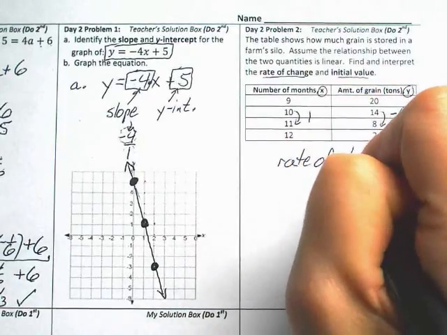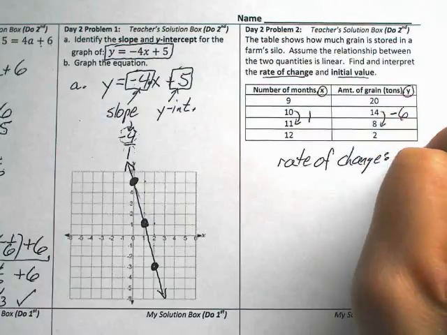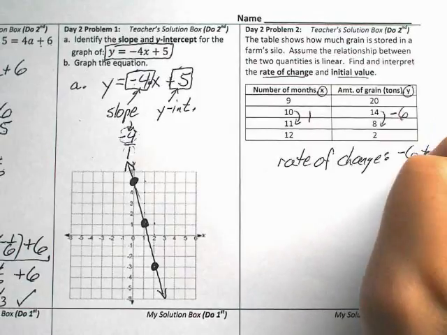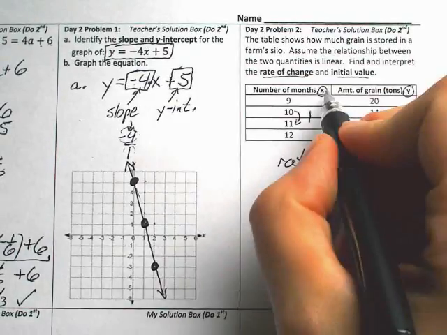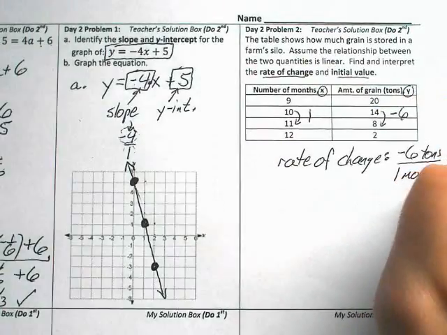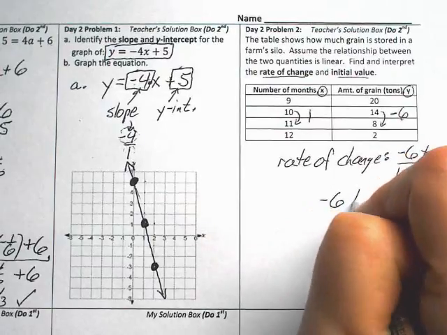So rate of change, the y has decreased 6 tons while 1 month has gone by. Another way to write this is -6 tons per month.